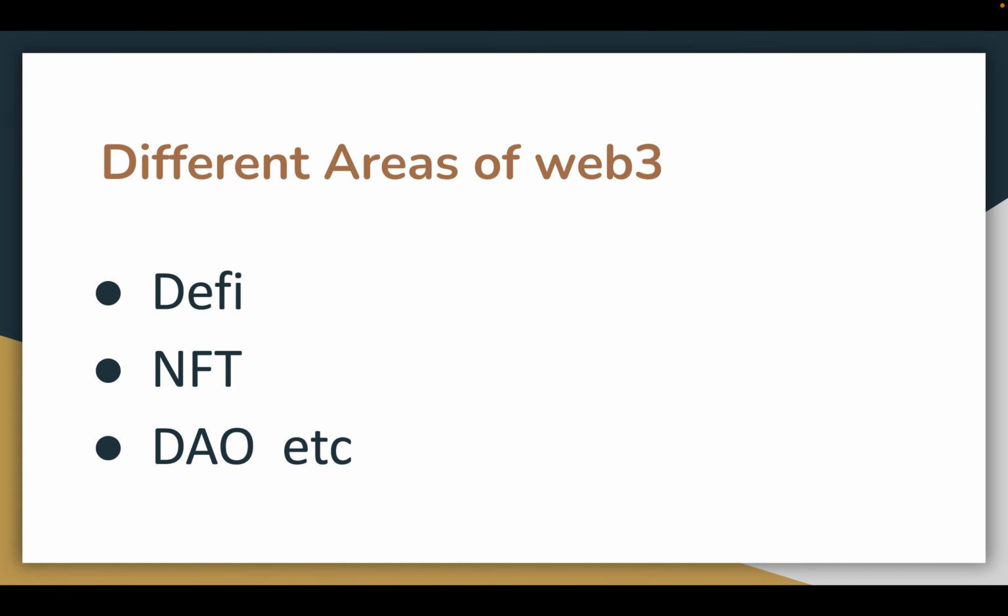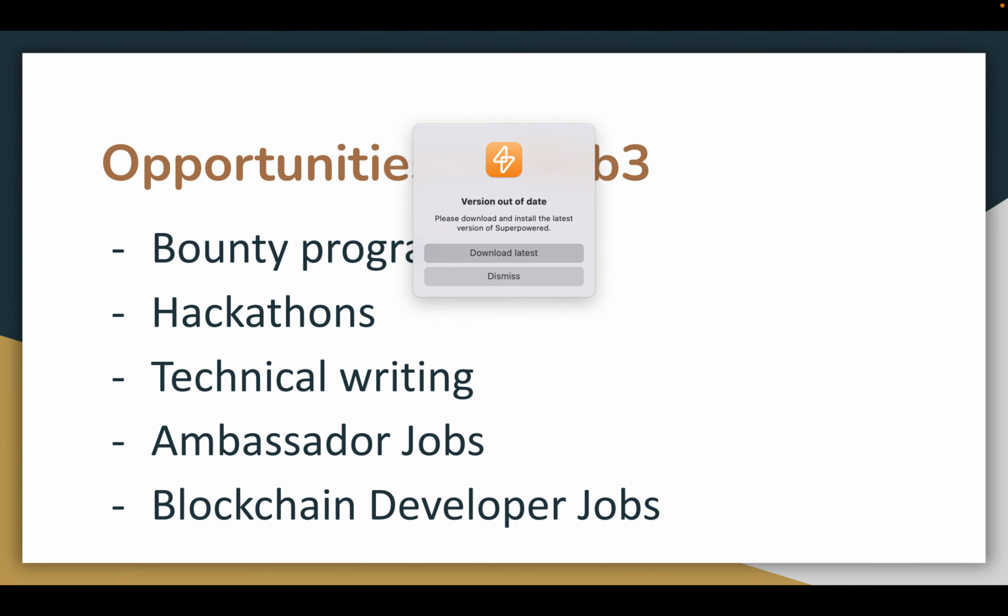So DAOs tend to bring decentralization into governance, and different organizations give you the opportunity as a community member to become part of the governance. You don't really need to be a very big shareholder before you become part of the governance of a decentralized community. That's one unique feature of DAOs. And there are many other areas in the Web3 space as well.